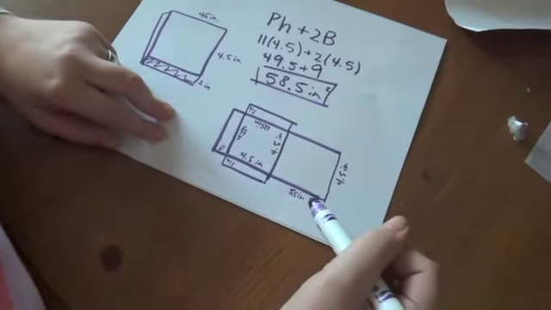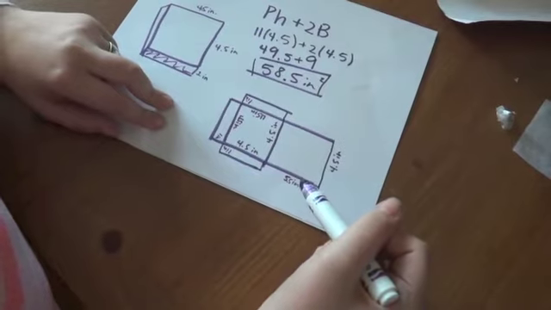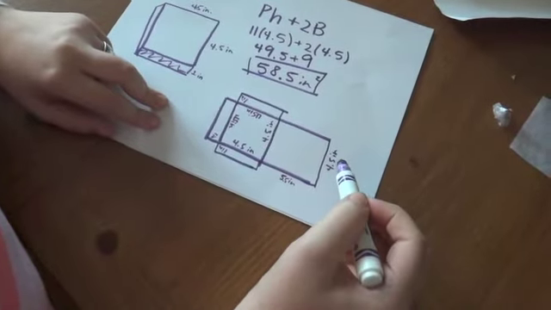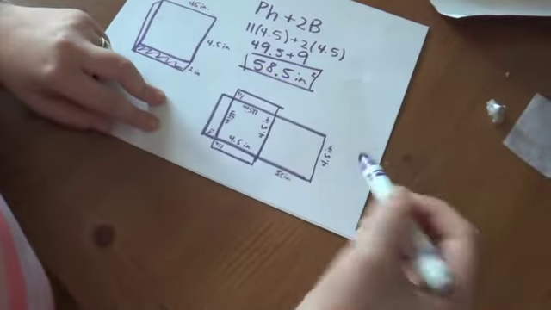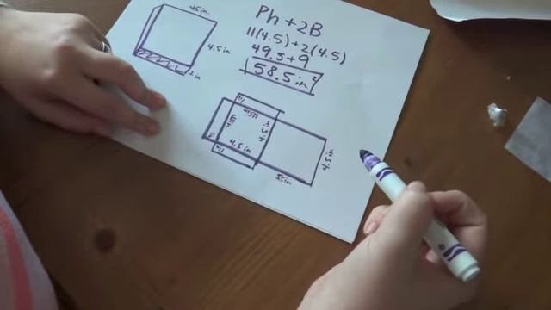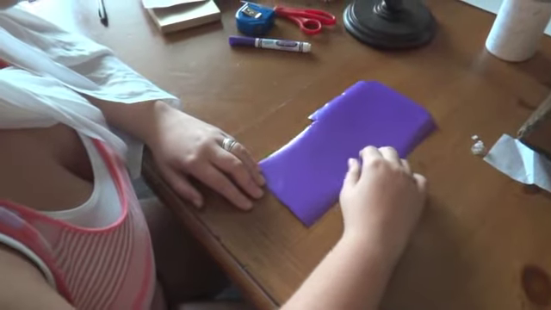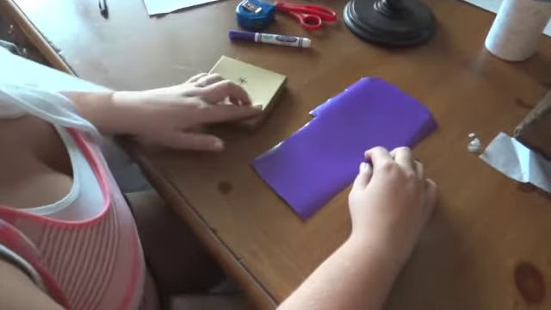Now I have all the dimensions drawn out on this net, and when you add all of the surface area together of each section, it equals 58.5 inches squared. This is the net that I'm going to use to wrap this box.